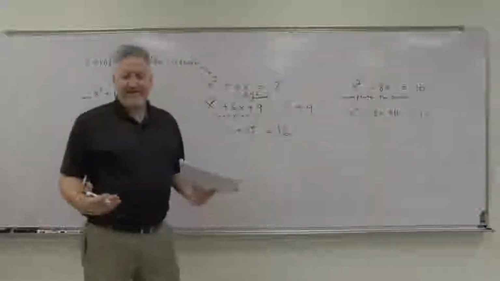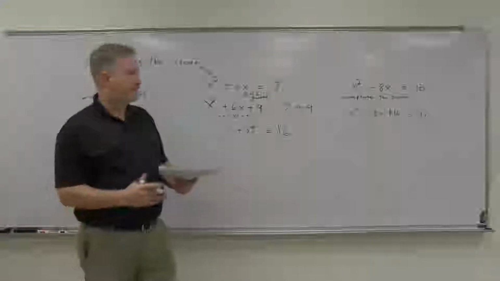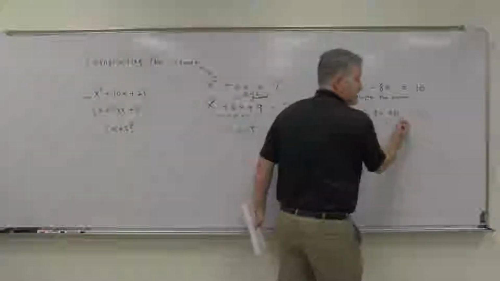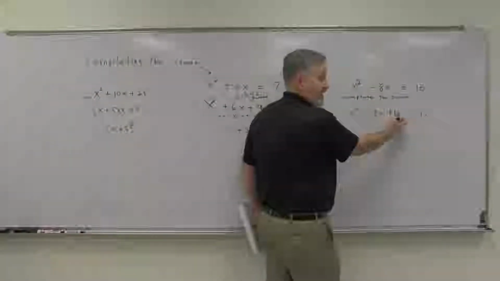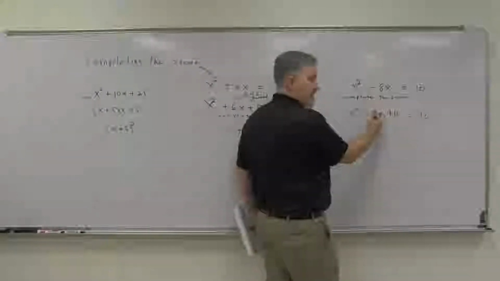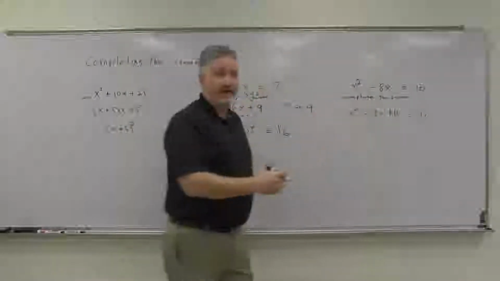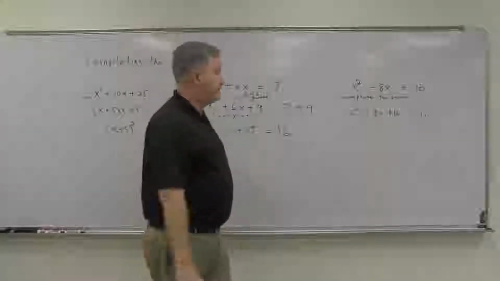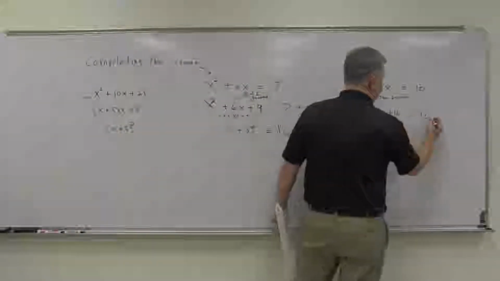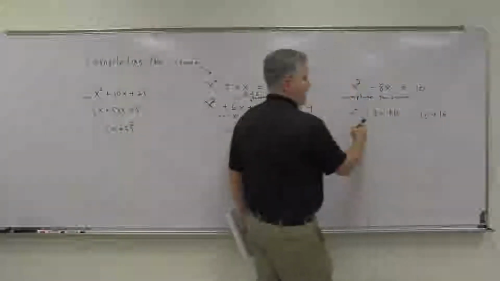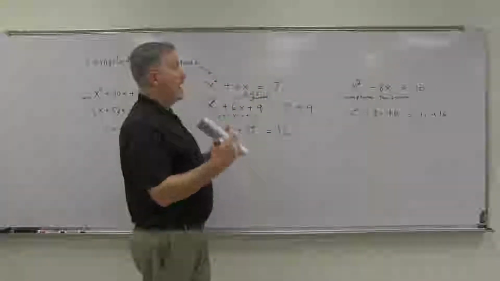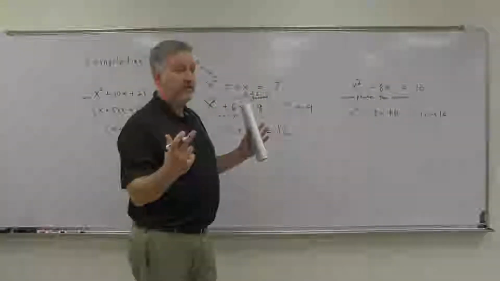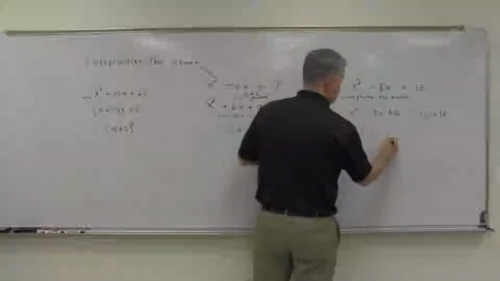You're squaring it, so it works out. Even if this is a negative, you still add half of that squared, so half of 8 squared, you're still going to add it even though you do have subtraction between there. Now, what happens though when you factor it, what's the square here?